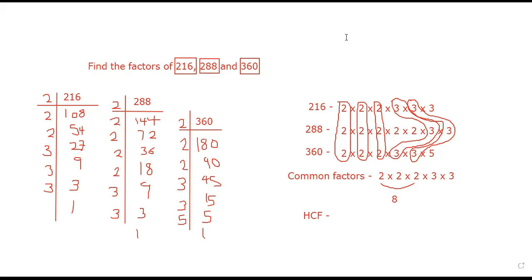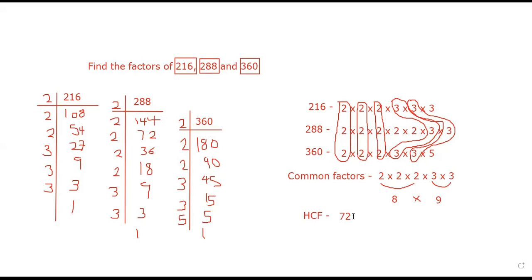And then 3 times 3 is 9. And I'm going to multiply it together. So 8 times 9 gives me 72.